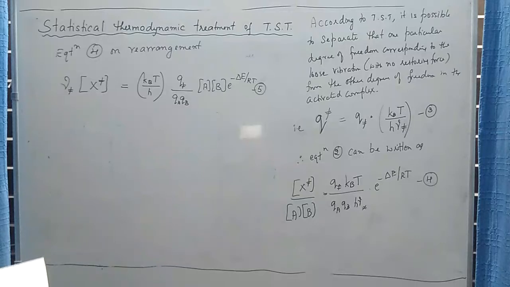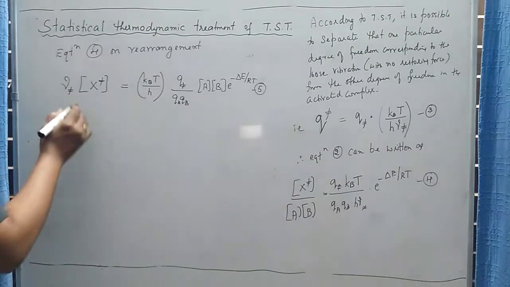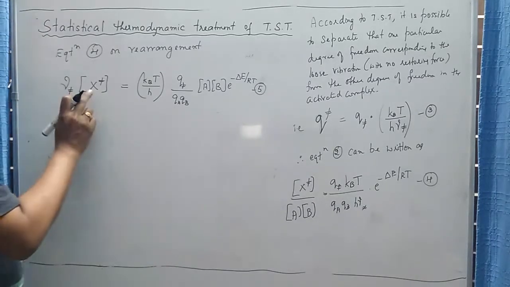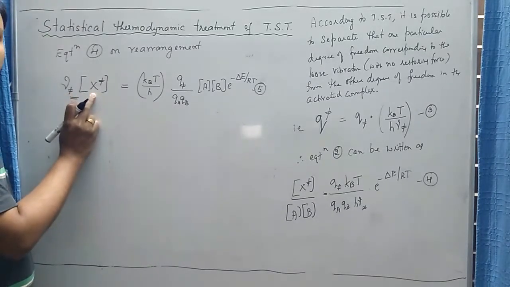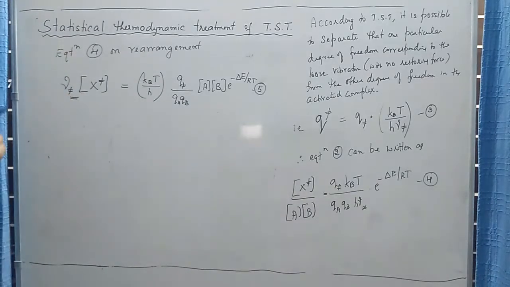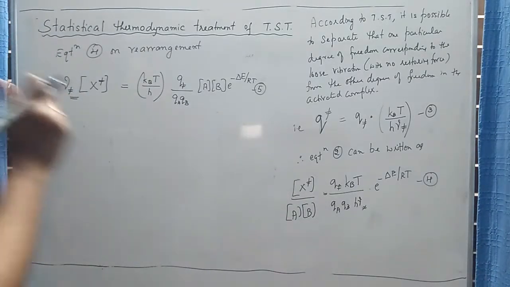Let us make a simple argument here. If you look at the LHS of this equation, you have two terms. One is the concentration of the activated complex, the other is the frequency of that particular vibration, which is nothing but the loose vibration.